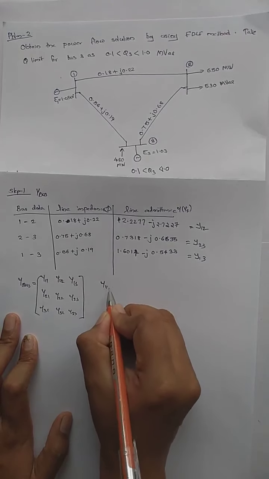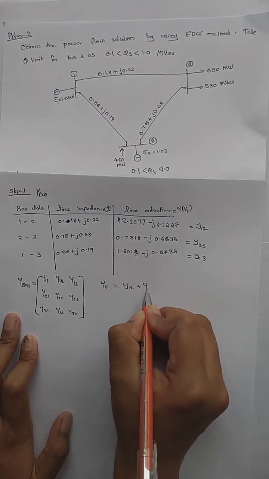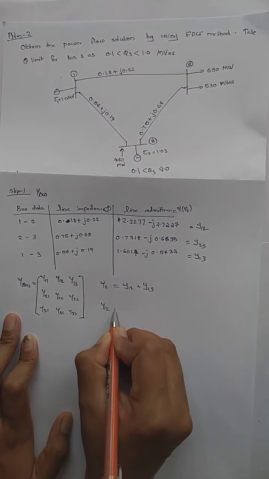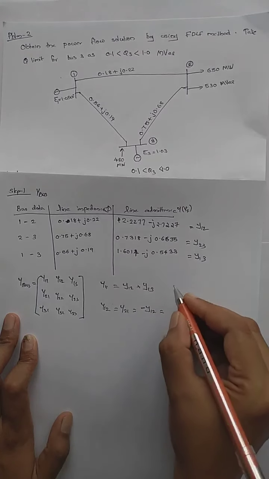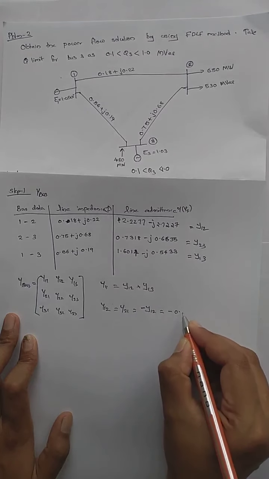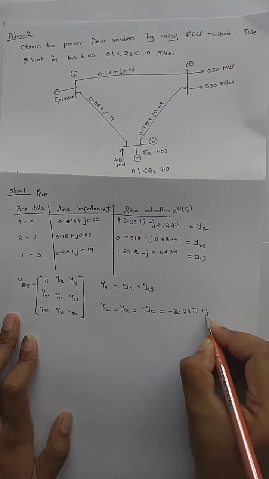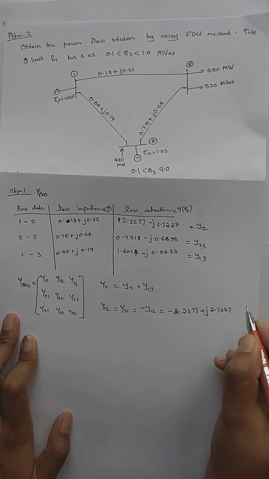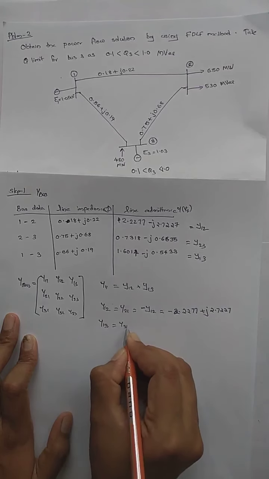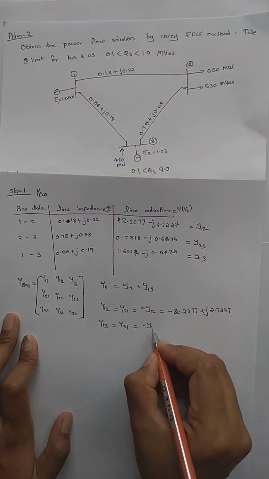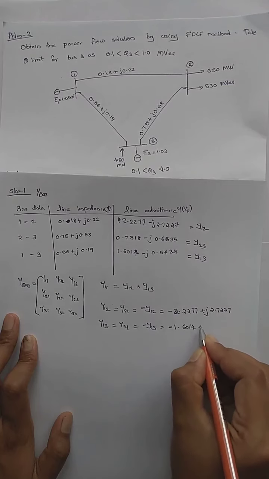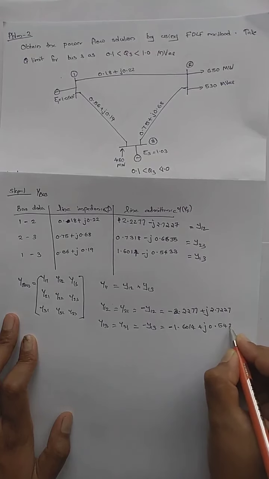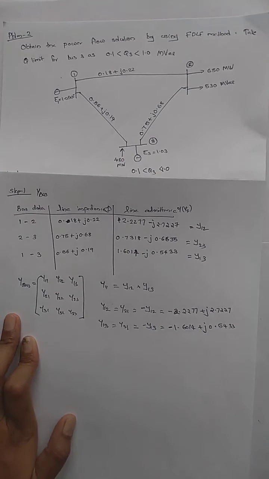From this we can say y11 is equal to y12 plus y13, and y12 is equal to y21, which is equal to minus y12 value, that is equal to minus 2.2277 plus j 2.7227, and y13 is equal to y31, which is equal to minus y13 value, that is equal to minus 1.6014 plus j 0.5433. So similarly I will complete my entire Y bus.